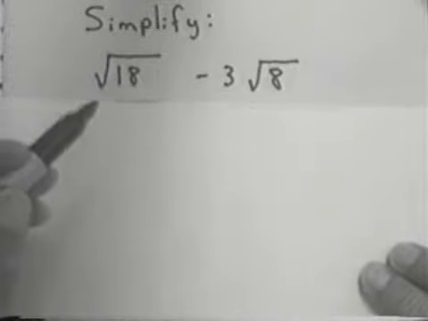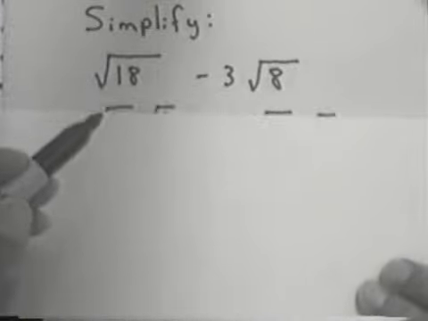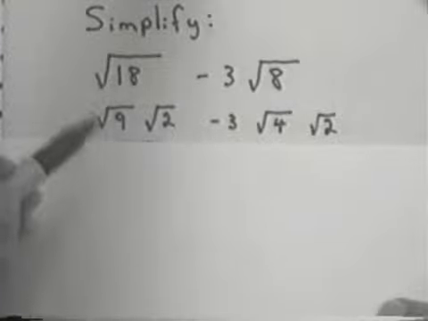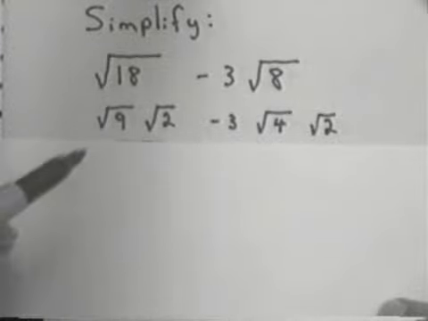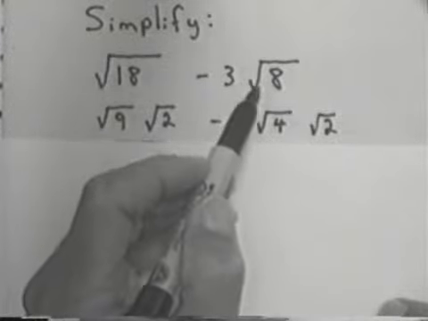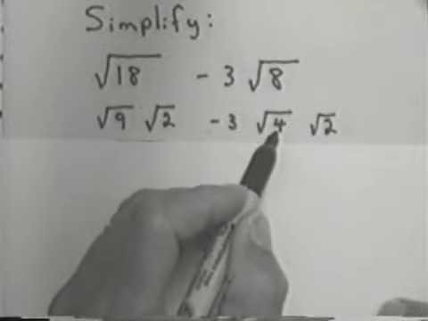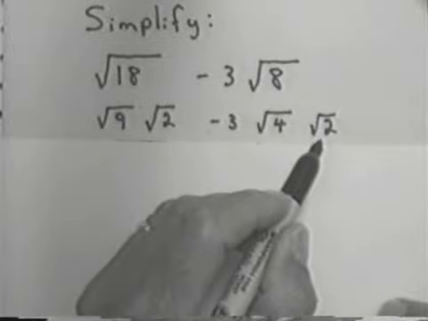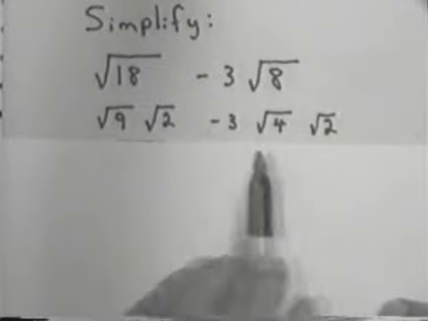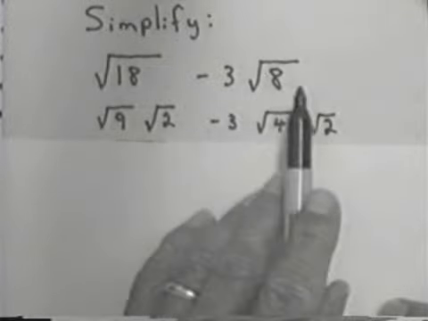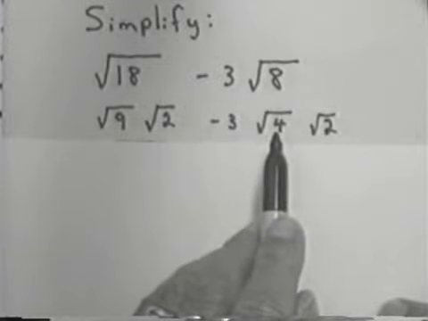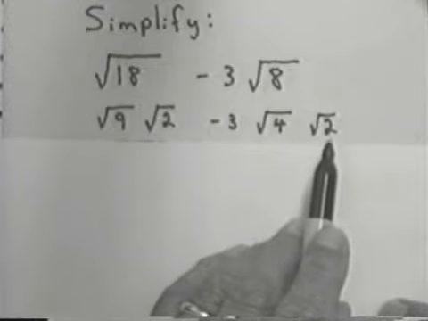Well, 9 is a perfect square, so I can write the square root of 18 as the square root of 9 times the square root of 2. I can factor the square root of 8 into the square root of 4 times the square root of 2. 8 is the same as 4 times 2. Now remember that when I factor it, one of the factors must be a perfect power, the other is what's left.